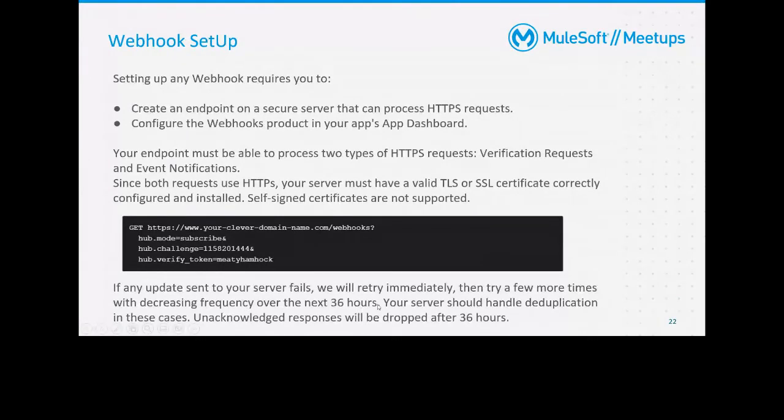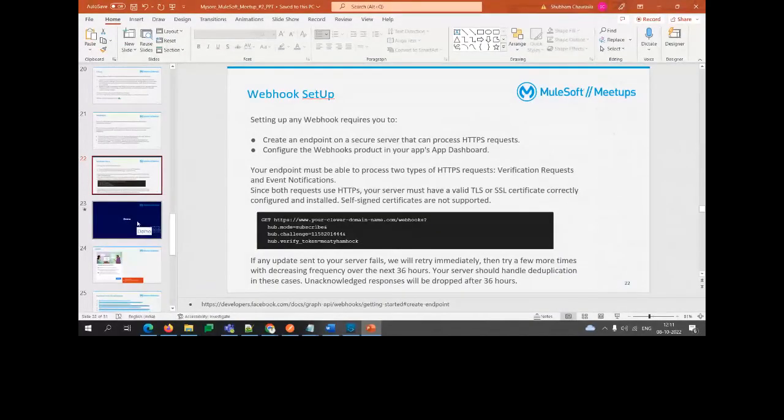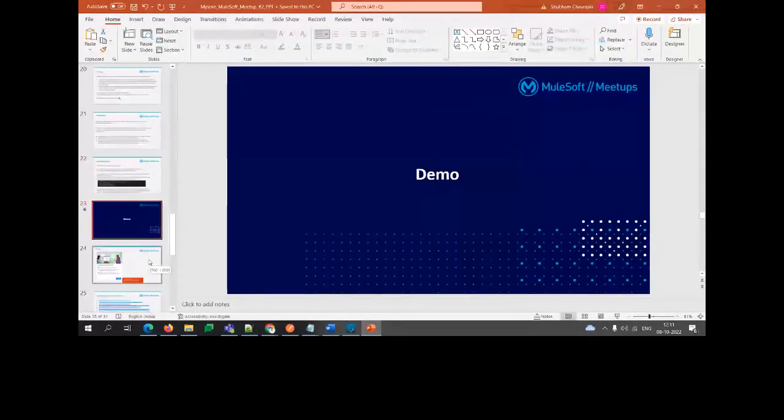You should also prepare for deduplication, so implement logic at your end to handle these cases. Unacknowledged responses will be dropped after 36 hours, so after 36 hours you will not receive the notification if your server is down.